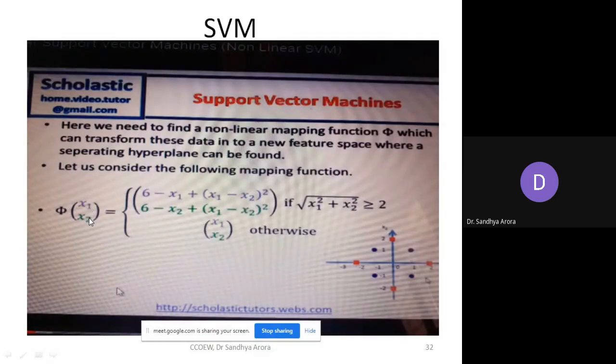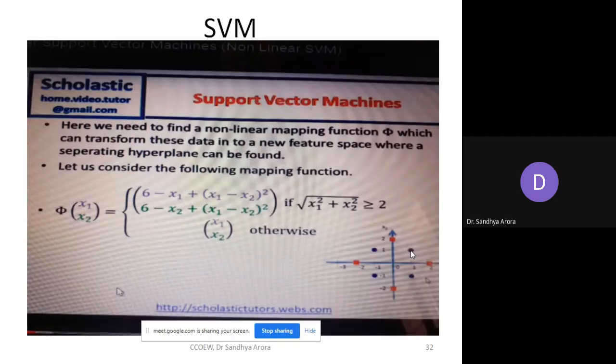If my point is x1, x2, and the square root of x1 squared plus x2 squared is greater than or equal to 2, then I will change those data points to this, else I will keep them as they are. Which points will be mapped for this point? Take a blue point, this is the 1 point. So 1 squared plus 1 squared is 2, its square root is not greater than 2.